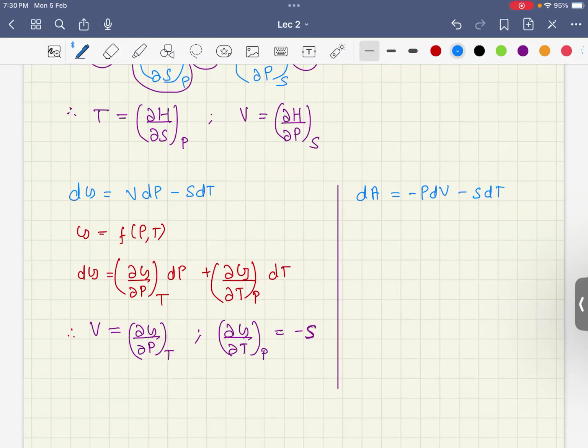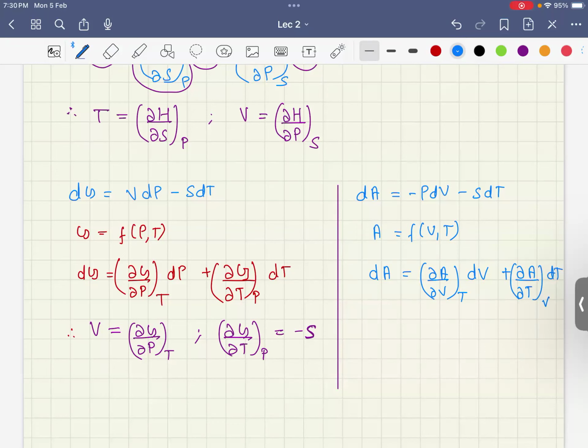So A is a function of V and T. So dA is equal to (dou A upon dou V at constant T) into dV, plus (dou A upon dou T at constant V) into dT.